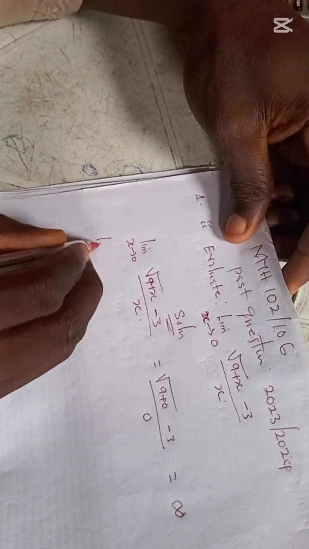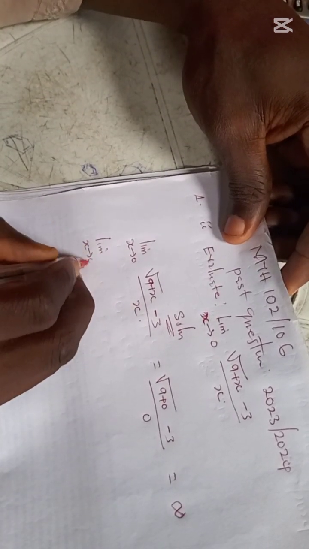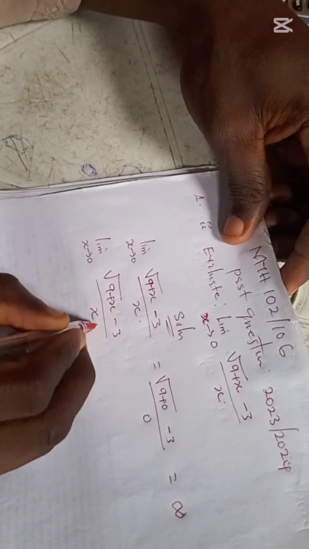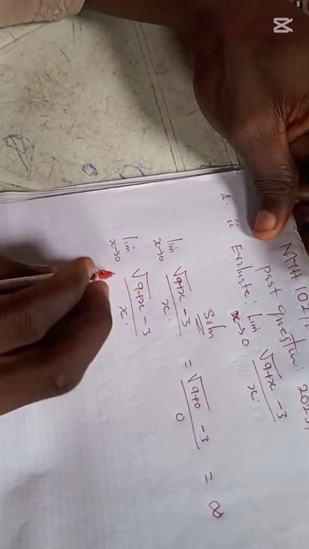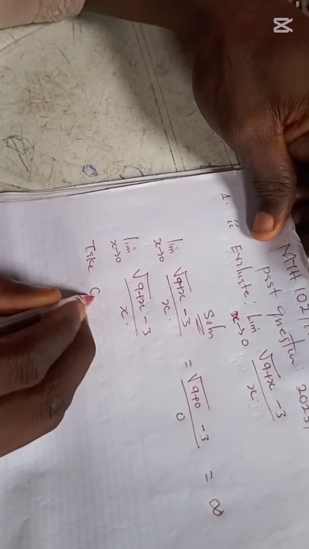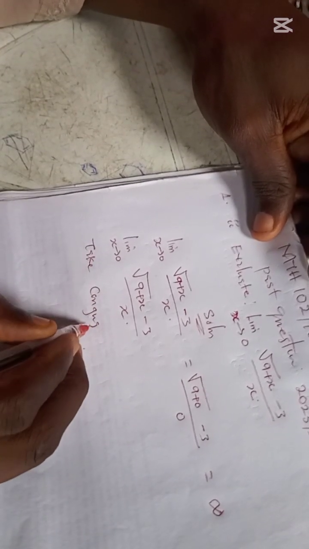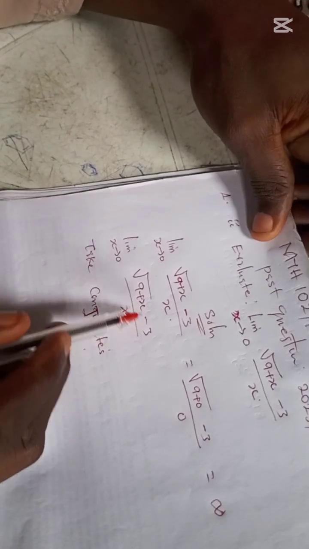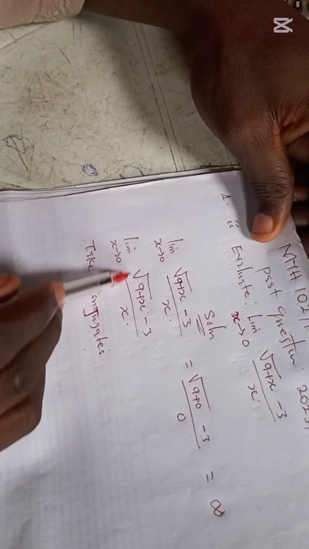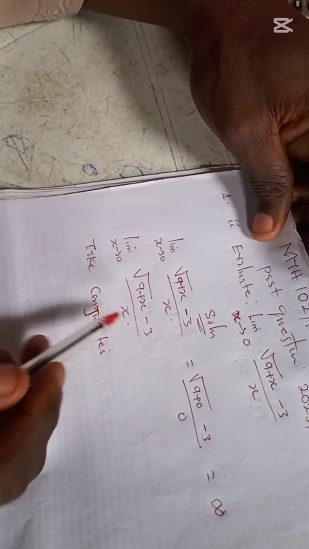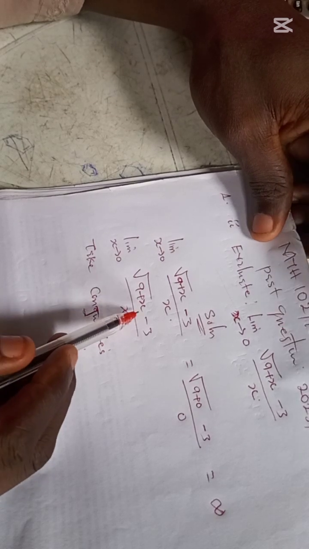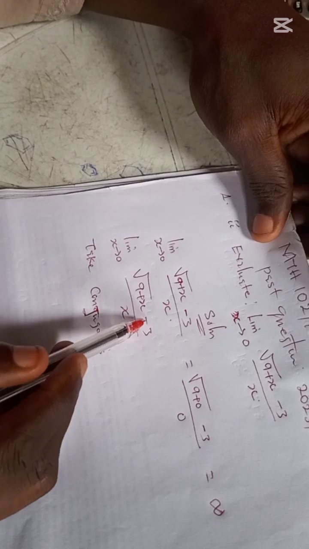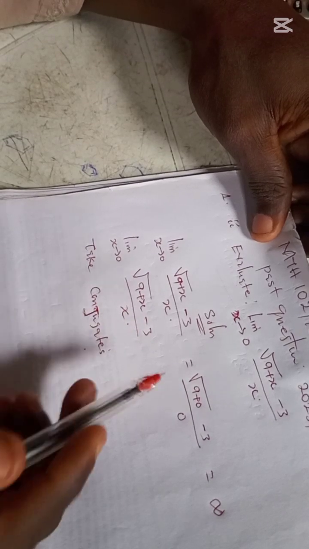So if I have the limit as x tends to 0 of root 9 plus x minus 3 over x, and I take the conjugate of this, I'll multiply both the denominator and the numerator by it. But here I will later turn to a positive sign.